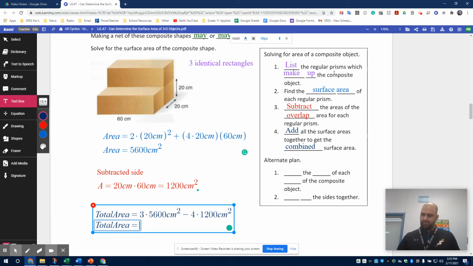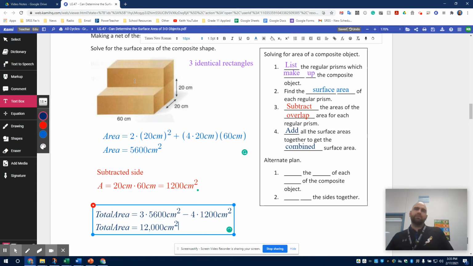The total area then, we're going to do 3 times 5,600 minus 4 times 1,200 because we're subtracting those sides. And so the total area of this one here is 12,000 centimeters squared.